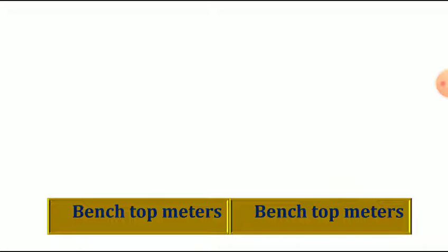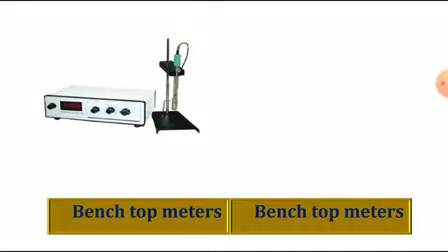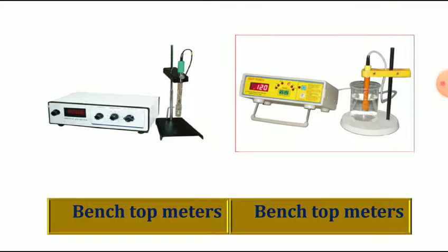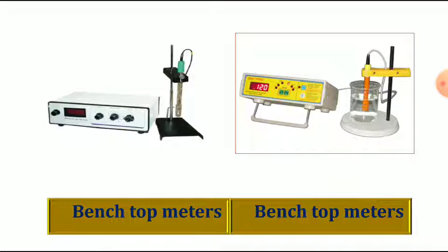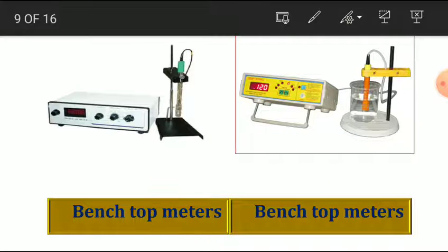See, these are also benchtop meters. Okay, this orange color is the combined glass electrode that will be directly immersed into the solution for measuring the pH of the solution. So these are all the pictures of the different types of pH meters.